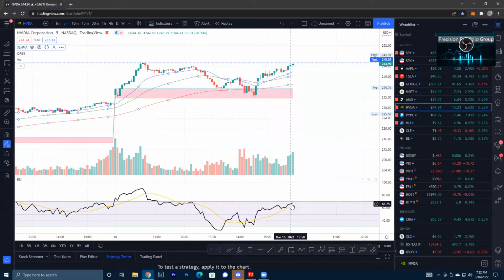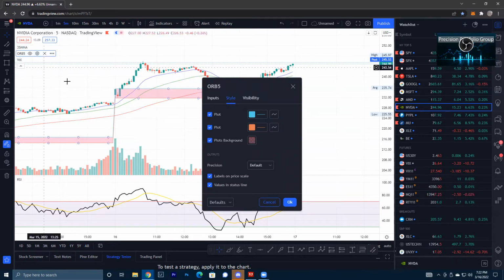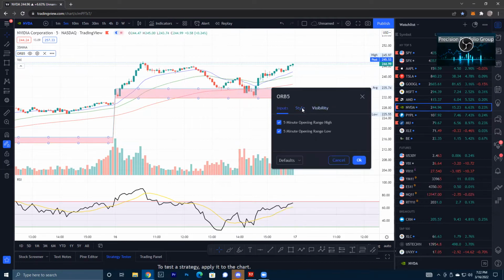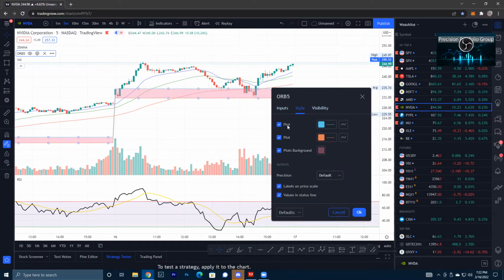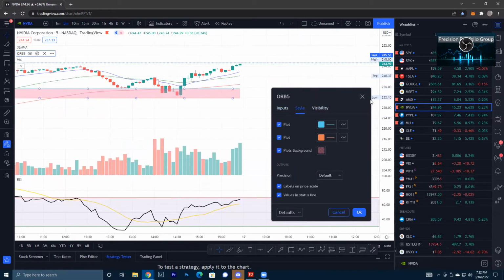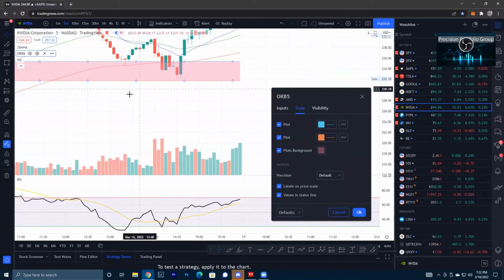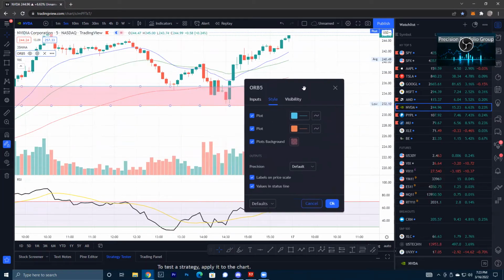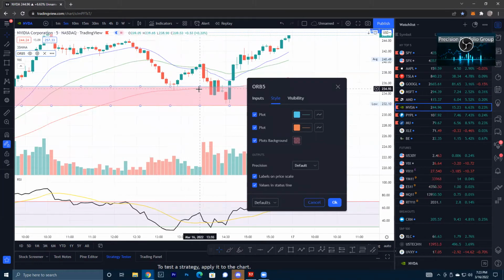All right, next one here is the ORB. Depending on if you have a dark or white background, you can go ahead and set it up however you want. Right now I have the white background. This is the ORB here. As you can see, the top has this particular color, and the plot bottom has this particular color.